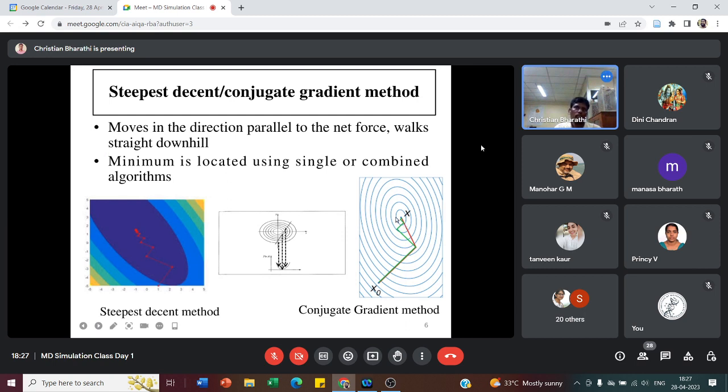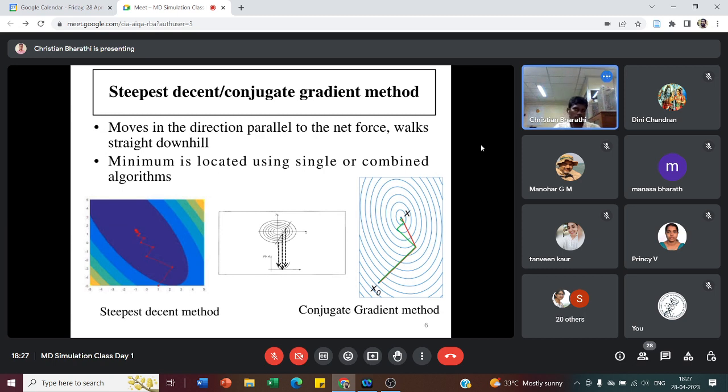It takes an orthogonal direction in each and every change.